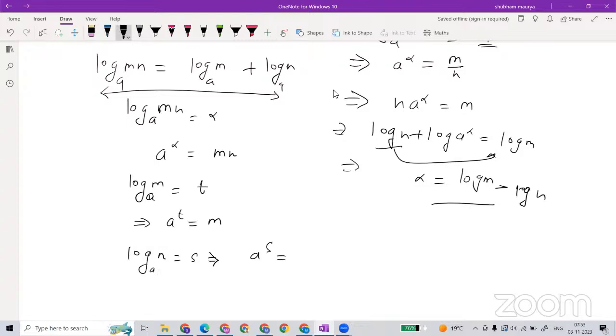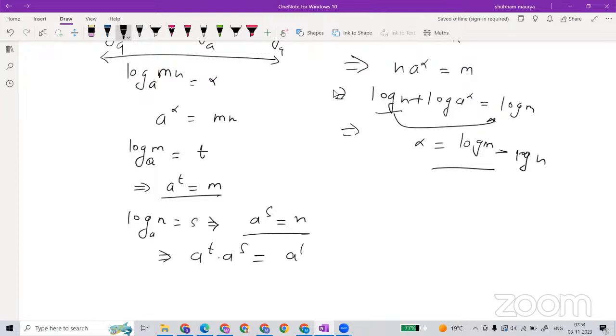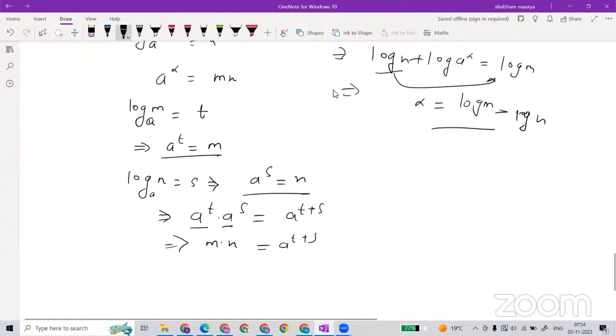Now if you multiply these two, a power t into a power s is equal to a power t plus s, right? And this is our m into n. So m into n is equal to a power t plus s, correct?